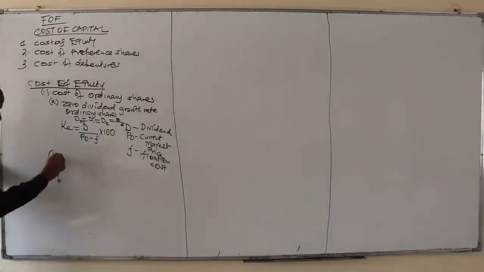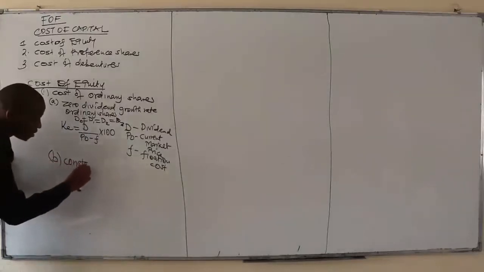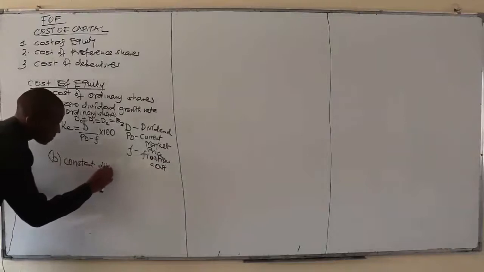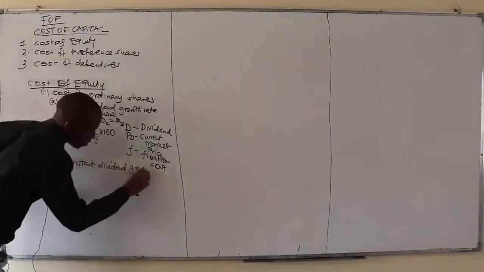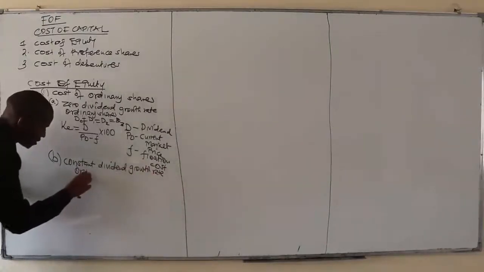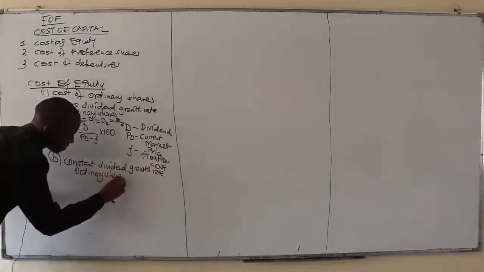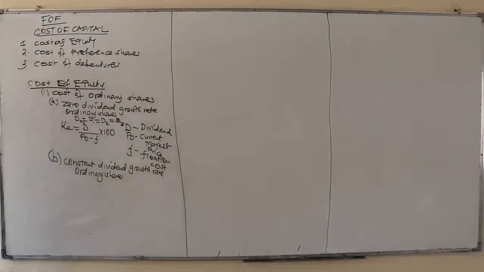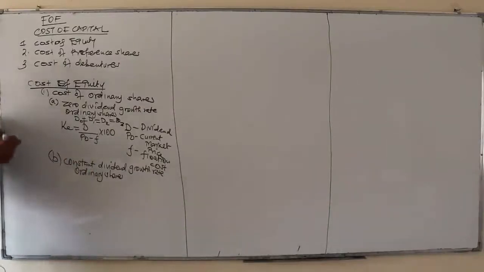Then B is the case of constant dividend growth rate ordinary shares. These are shares where the dividend is growing at a particular rate.